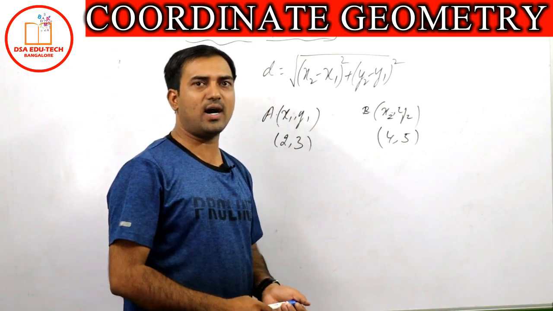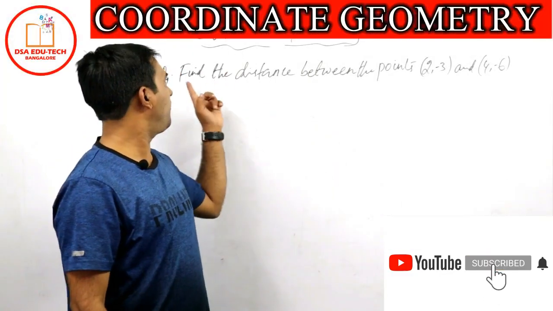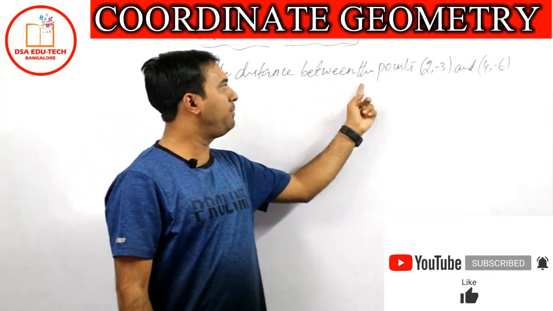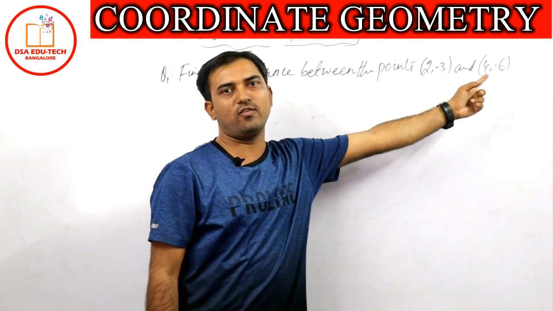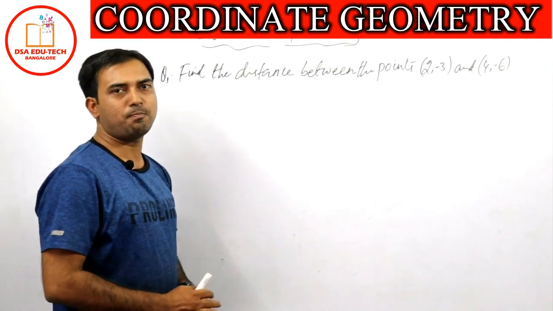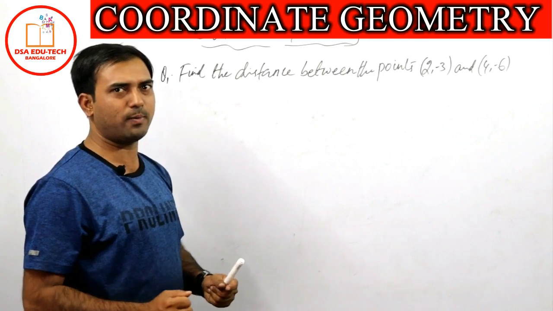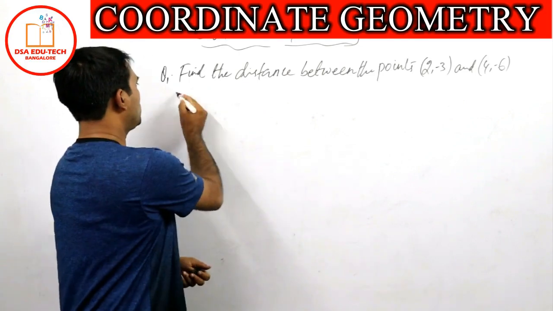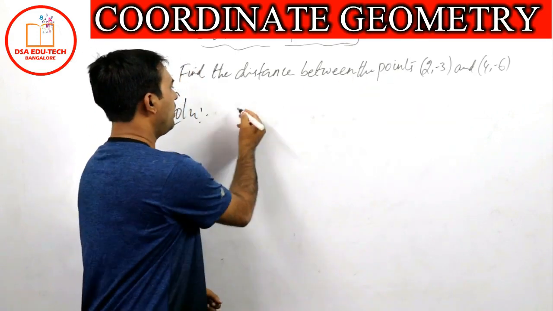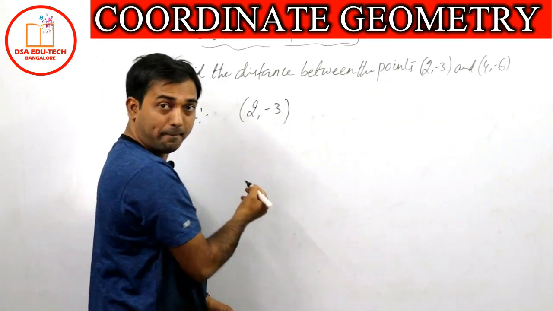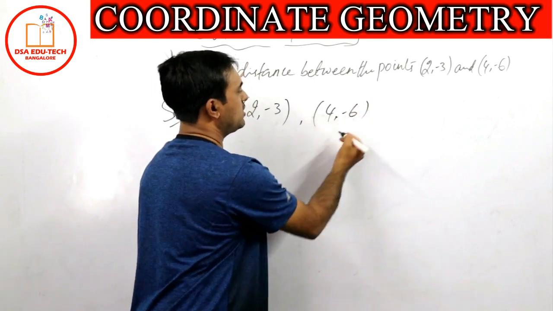Let me write problem number 1. Find the distance between the points 2, minus 3 and 4, minus 6. We are all aware of the distance formula; only we don't know how to solve the problem. So let us solve here. Solution. First point is 2 comma minus 3 and second point is 4 comma minus 6.